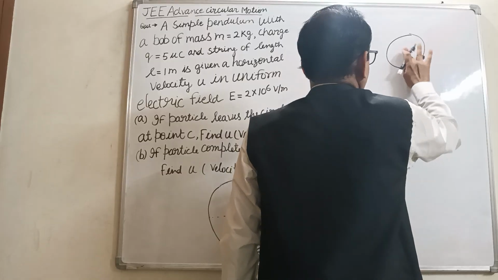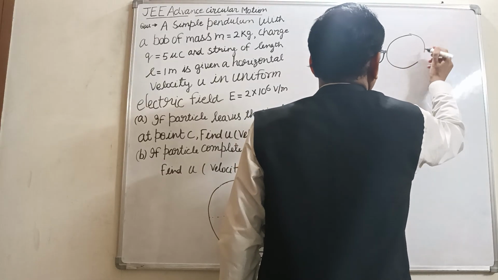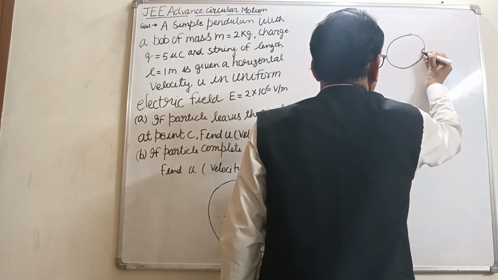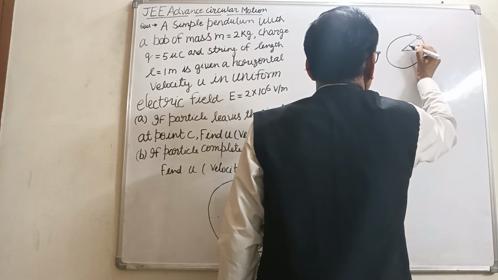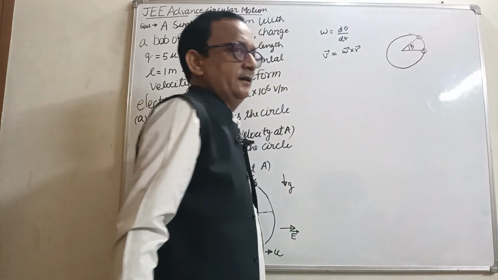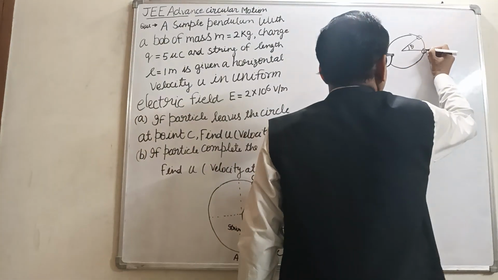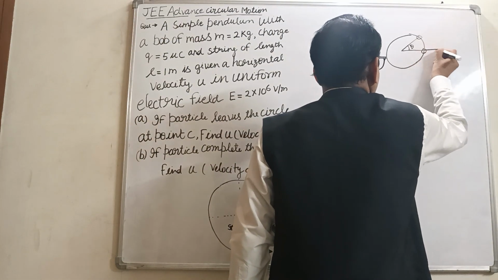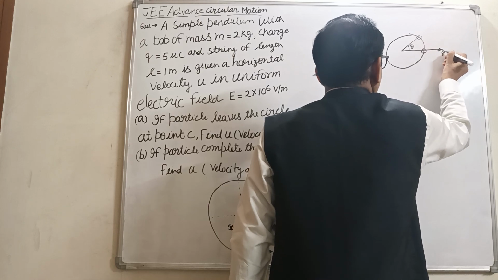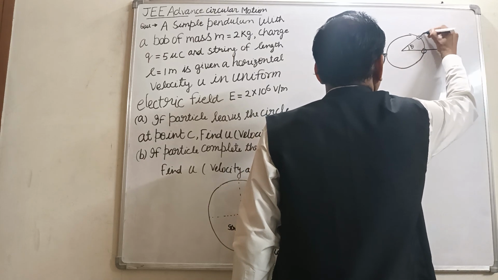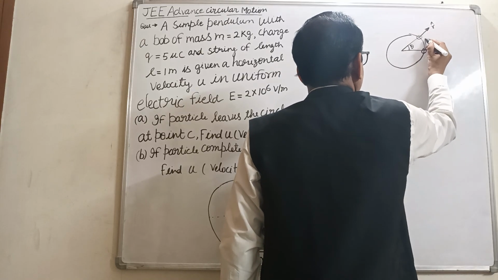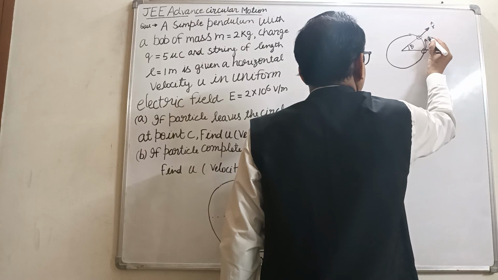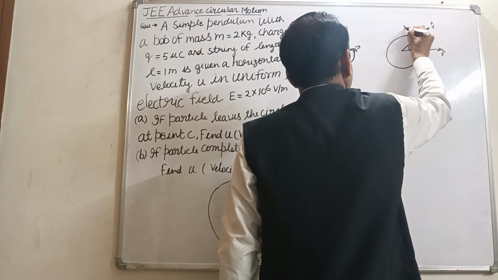The bob moves from here to here through an angle theta. We see here this is a position vector, this is r cap, and this is also a position vector, r cap, and the unit vector for the velocity would be in this direction.